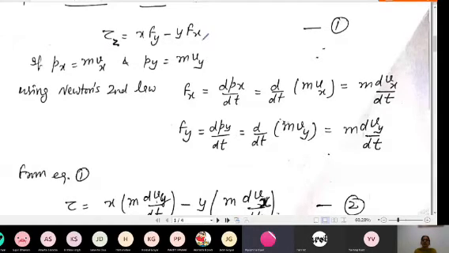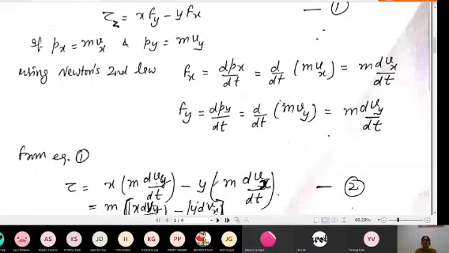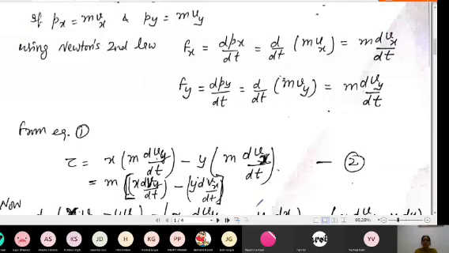So I'm able to write this as x Fy, and Fy is m dVy by dt, minus y Fx, where Fx is m dVx by dt. Now, if I wish, I can take m out. I'm getting x dVy by dt minus y dVx by dt.